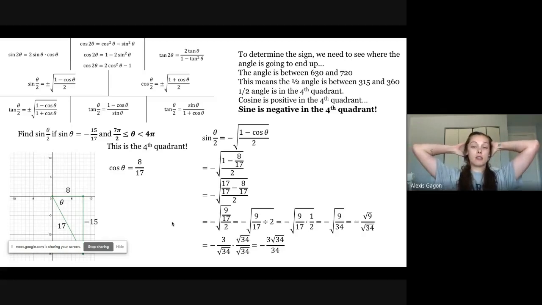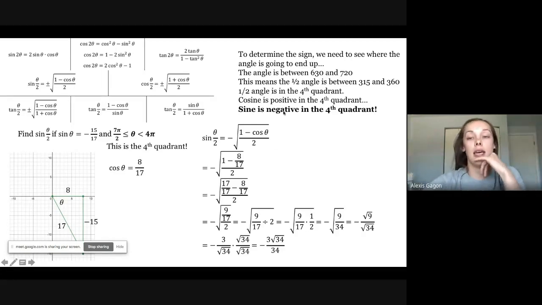Well, it depends. So the only reason this one ended up back in the fourth quadrant was because this had gone around the circle twice. But say that this was between like 3 pi halves and 2 pi, that would make it between 270 and 360. And if you take half of that, well, half of 270 is like 135. And half of 360 is 180.